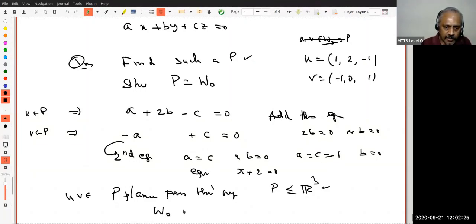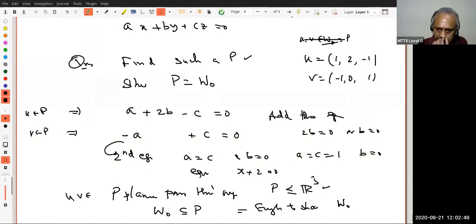What do I know therefore? W naught is contained in P, because W naught is the smallest vector subspace containing u and v, but P is a vector subspace which contains u and v. So when I want to claim P equal to W naught, what I have to show? Therefore, enough to show P is contained in W naught. You understood that?